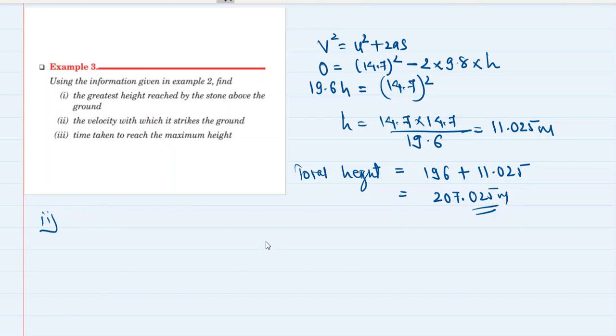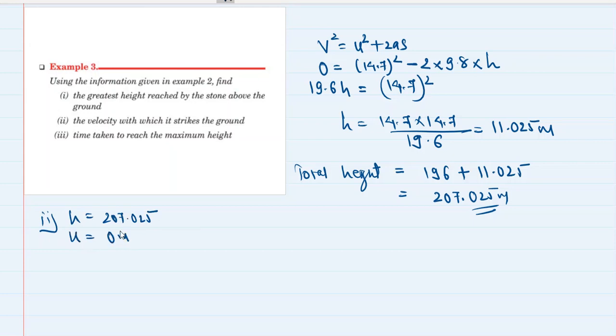So the height from which it is free falling is 207.025. Okay, and we don't know the time. We know the height 207.025. We don't know the time. We don't know the final velocity. We know the initial velocity.